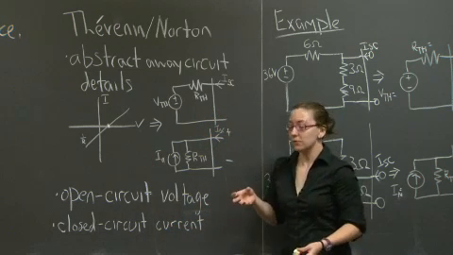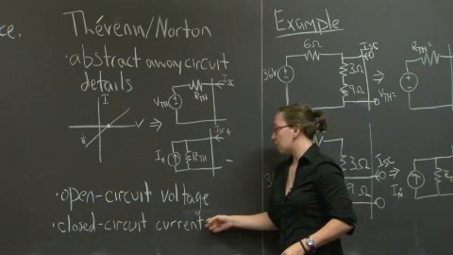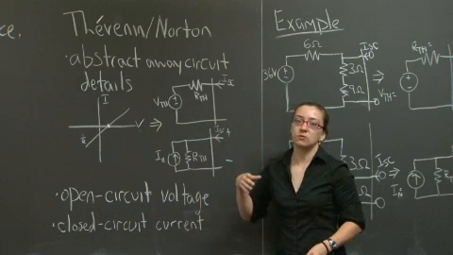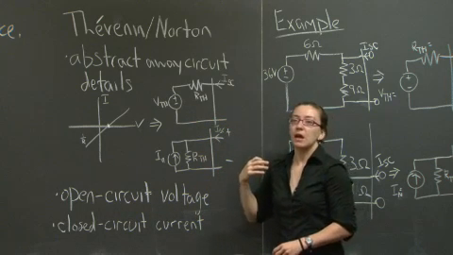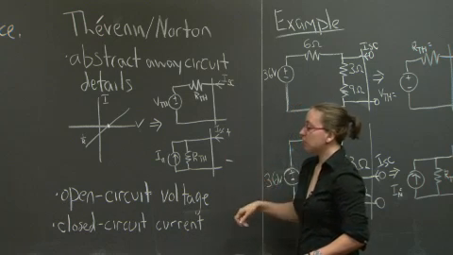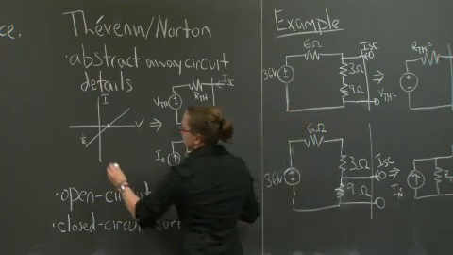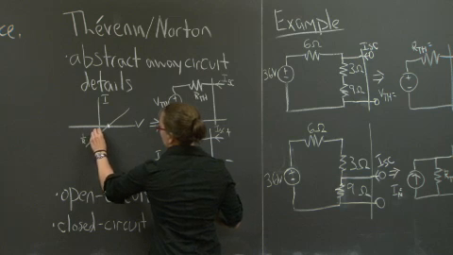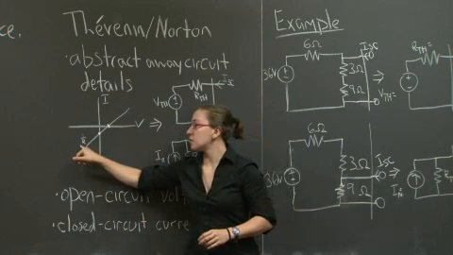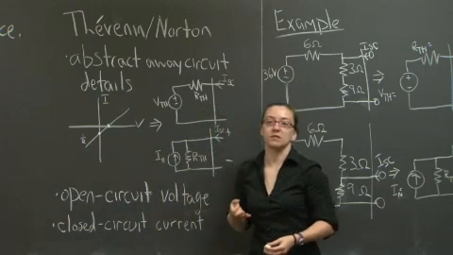Likewise, if we want to find the other intercept, we can close those two terminals by running a wire across them, and then look at the current that flows across that wire. That's the closed circuit current. The slope is going to tell us about our resistance, if any.